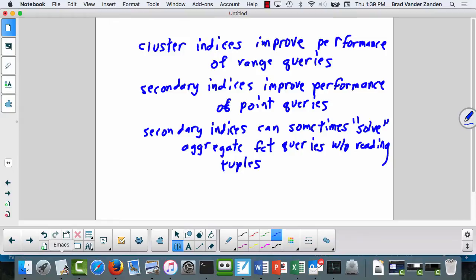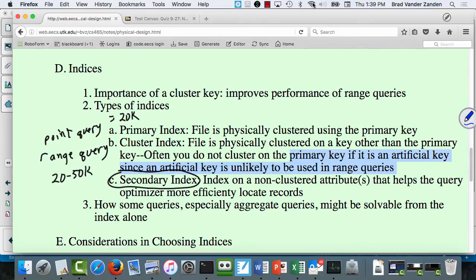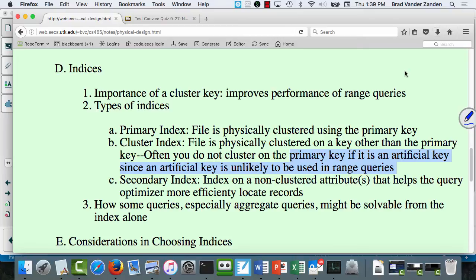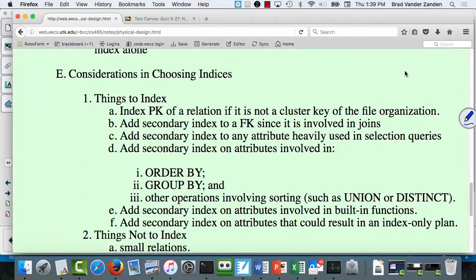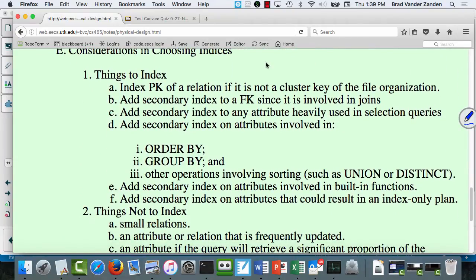So the question then is, what do we put an index on? Because it seems like this might be an unmitigated good. Why don't we put it on everything? First of all, let's talk about what we'd put it on, and then we'll see some of the things we might not want to put it on. You always want to index the primary key if it's not the cluster key.